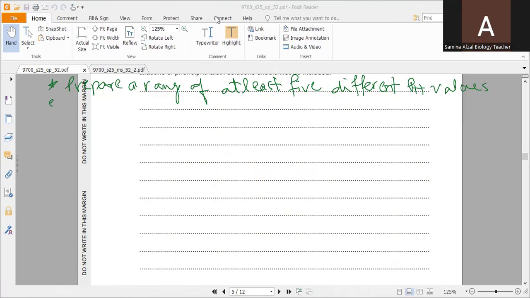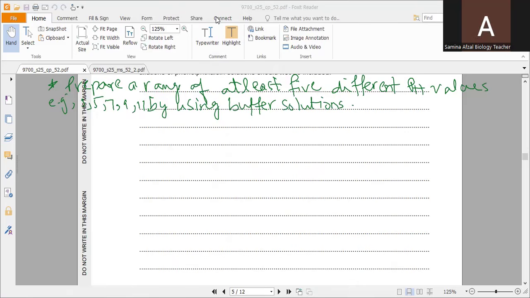For example, 3, 5, 7, 9, or 11. And for this purpose, we can use buffer solutions. Buffer solutions are very important to use.